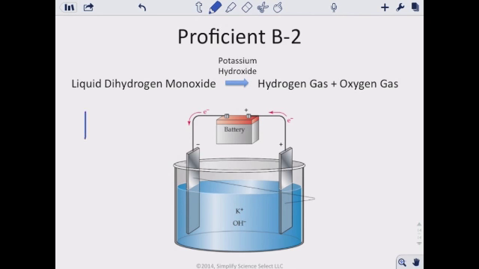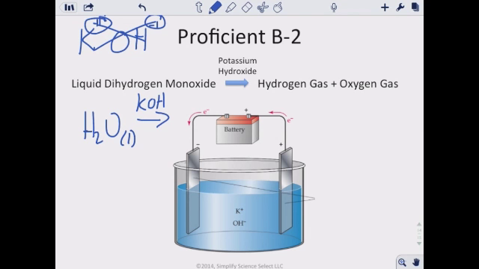And so our potassium is going to have an oxidation number of +1. And then our hydroxide has a -1. And we crisscross, and we get our KOH.